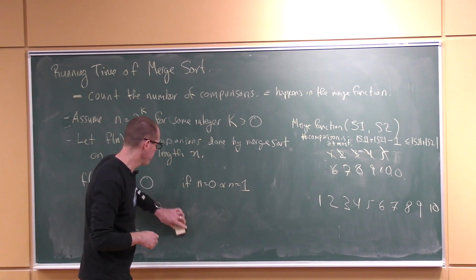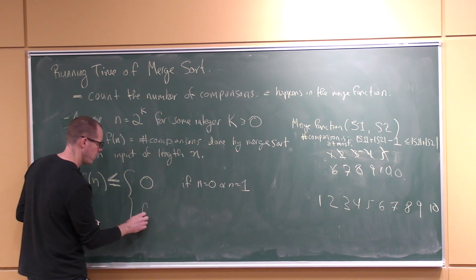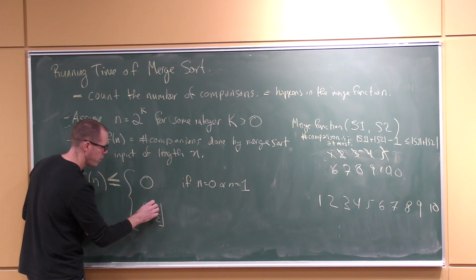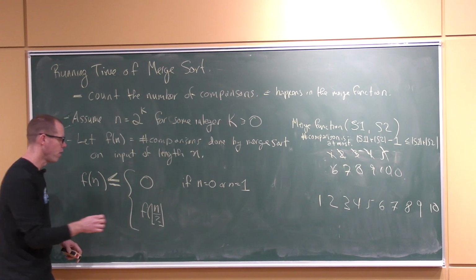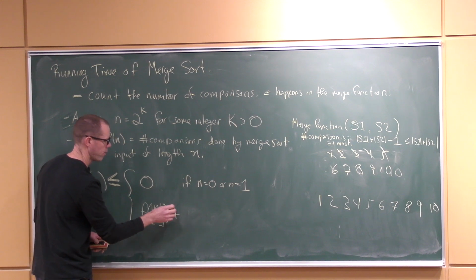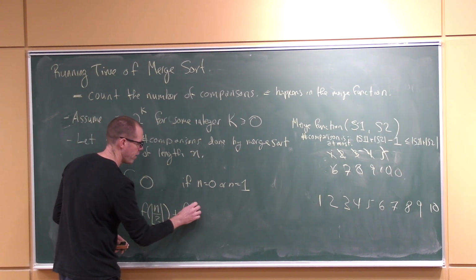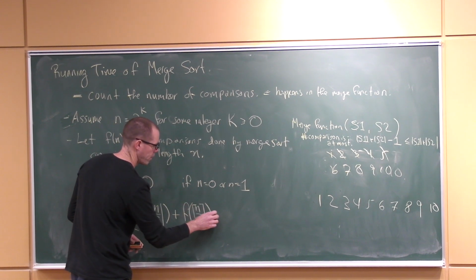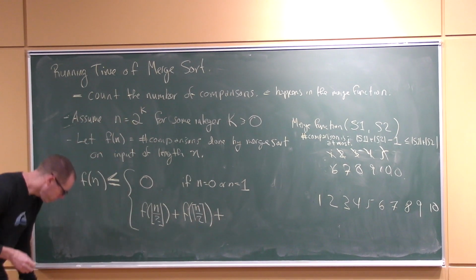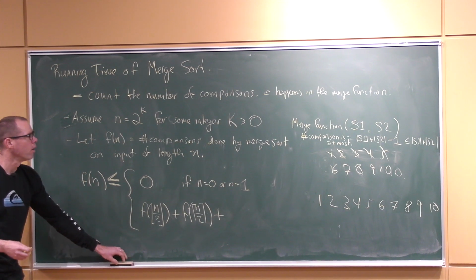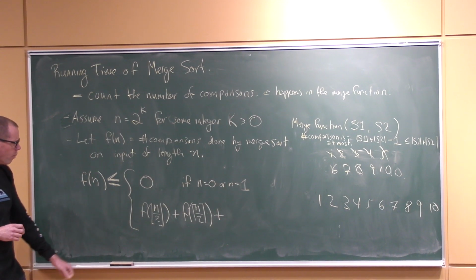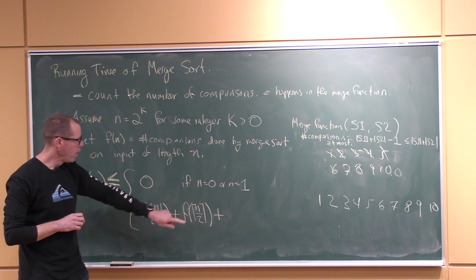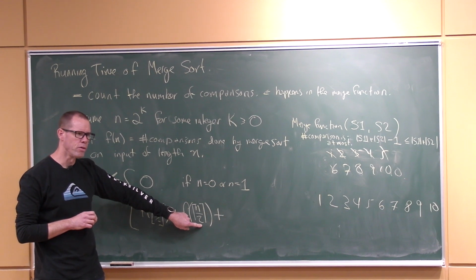So this is the number of comparisons we're going to do when we sort the first half. The first half is an array of length floor of n over 2. The second half is an array of length ceiling of n over 2. And to merge those two halves, we call the merge function with a sorted array of length floor of n over 2 and a sorted array of length ceiling of n over 2.